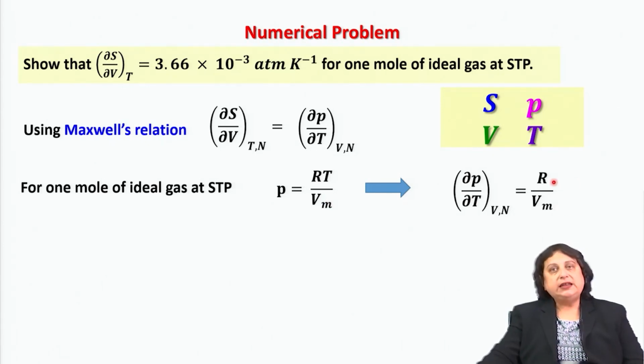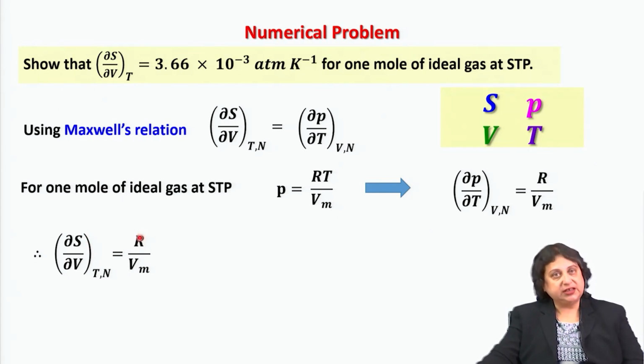So, now I take the value of this derivative from here and put it back in this expression. When I do that, then what I find is I now have del S del V at constant T and n equal to R, which is the universal gas constant, divided by the molar volume of the ideal gas at STP.